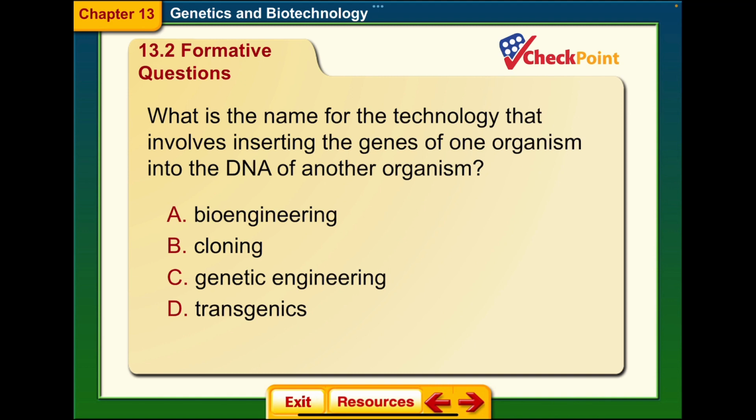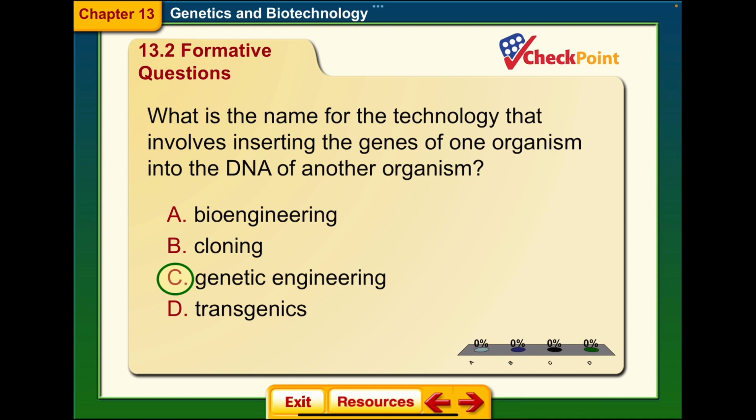If we look at the first page when we talked about DNA technology, we said that genetic engineering is a technology that involves manipulating the DNA of one organism in order to insert exogenous DNA, which is the DNA from another organism. So that means it's genetic engineering.